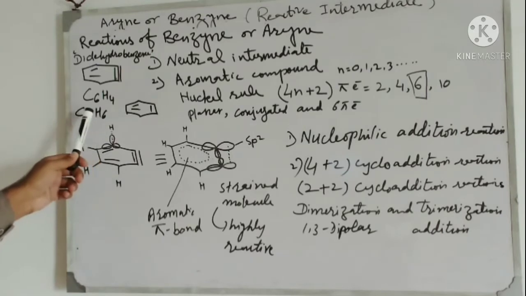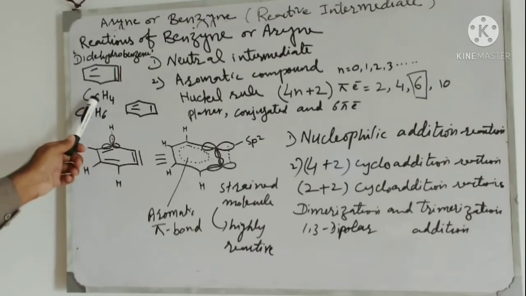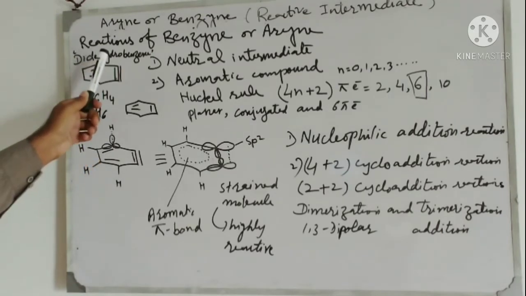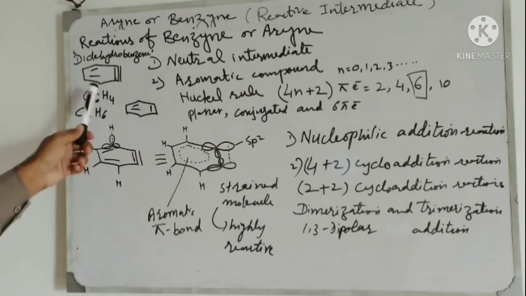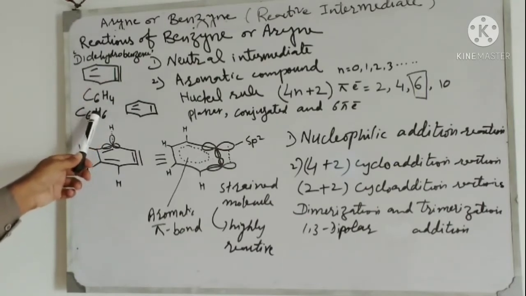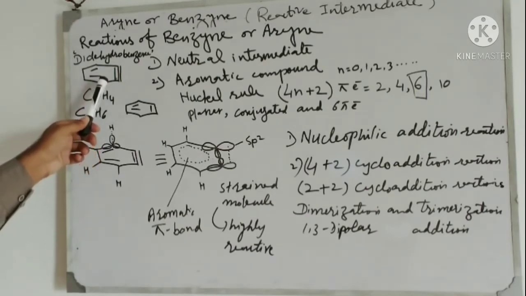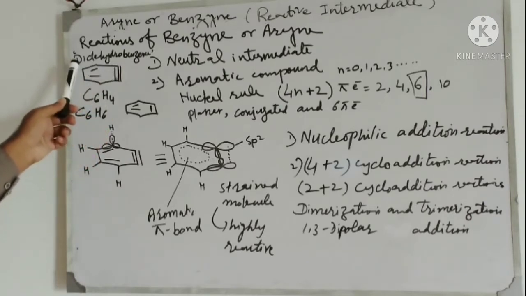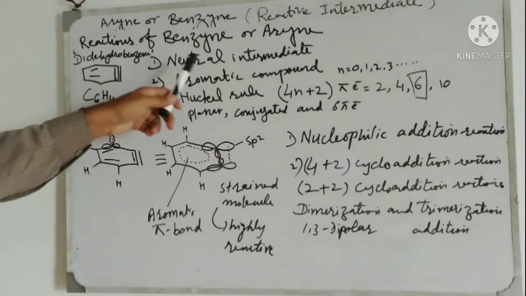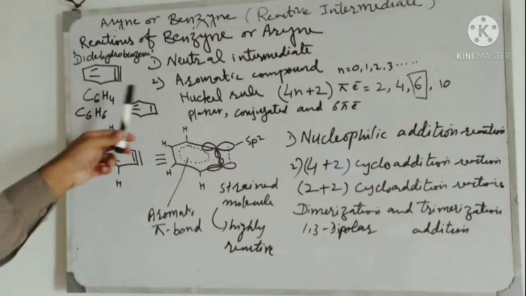So we can say that benzyne is didehydrobenzene; in other words, it has two hydrogens fewer. So benzyne is a neutral intermediate and it is also aromatic.